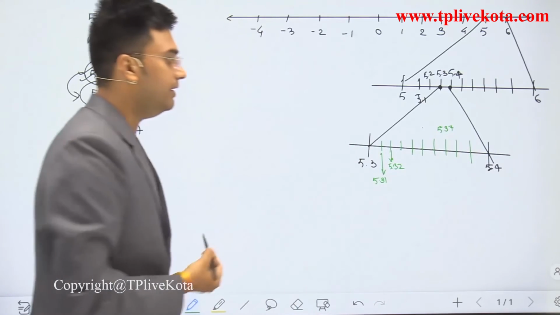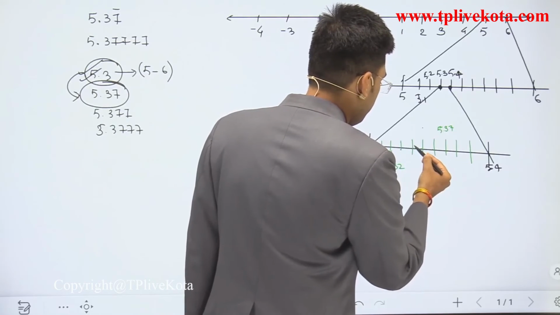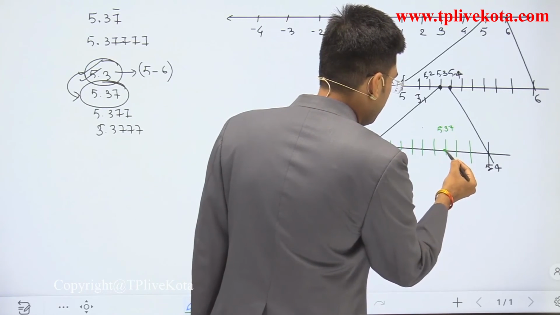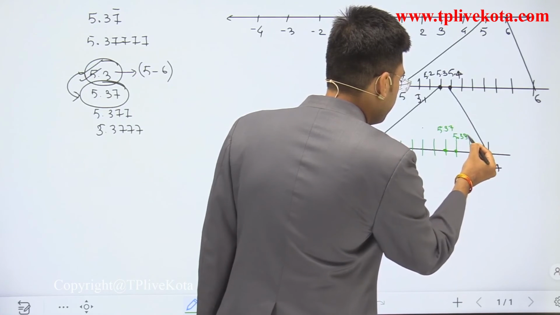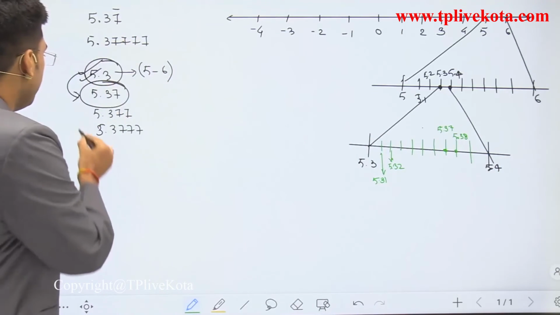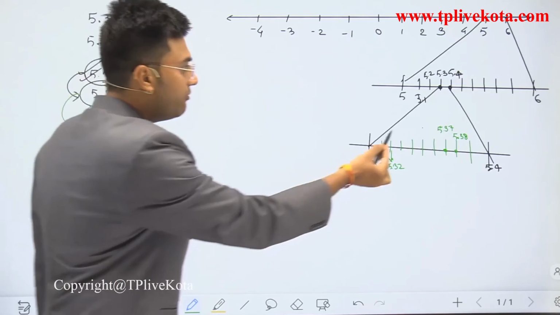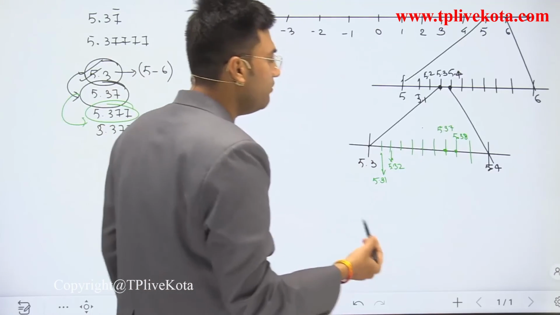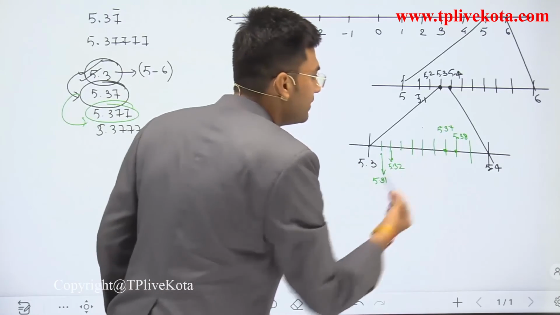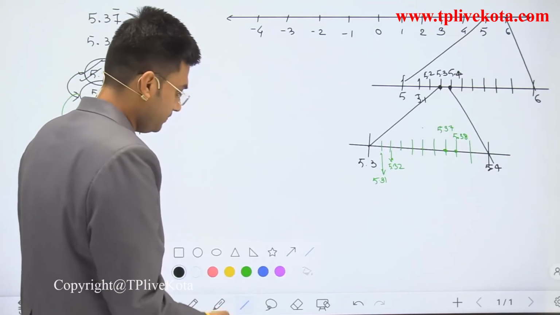This is 5.37 and this is 5.38. Now we have to represent 5.377. It lies between 5.37 and 5.38. So again we have to divide 5.37 and 5.38 into 10 equal parts.